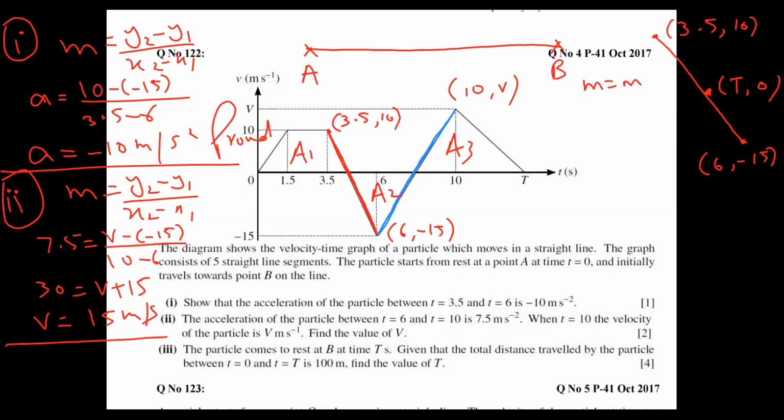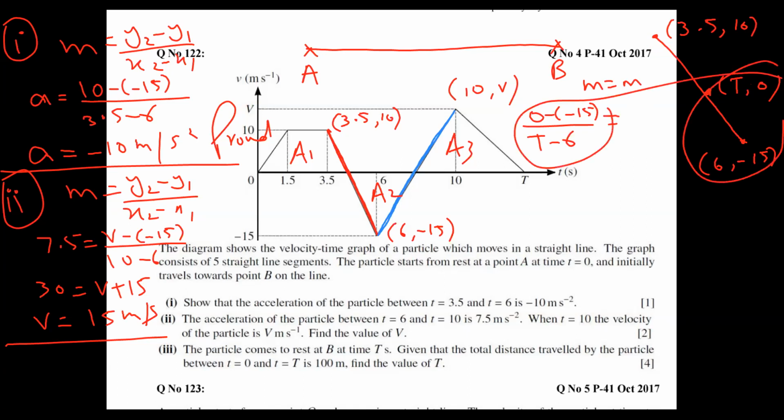Let's start. y2 minus y1, so I'm getting 0 minus 15. x2 minus x1, so I'm getting what here? t minus 6. All right. So I used these two already here. Now I'm using these two on the right-hand side. So y2 minus y1, 10 minus 15.